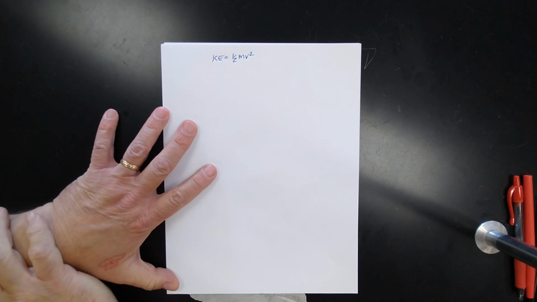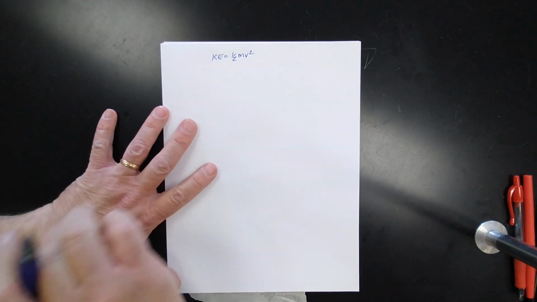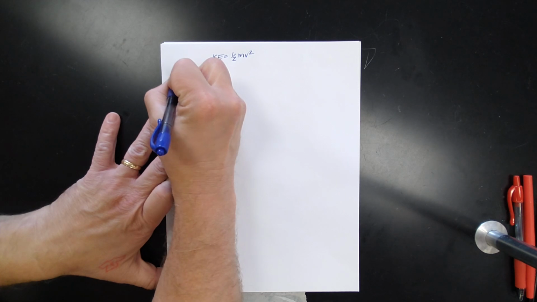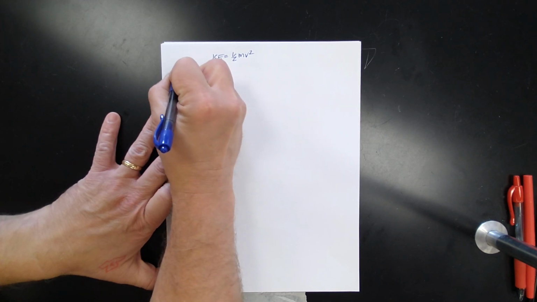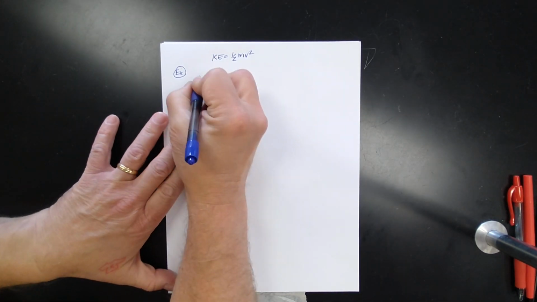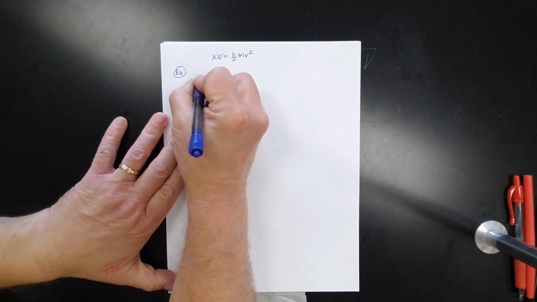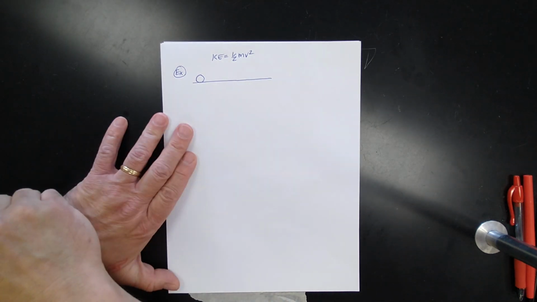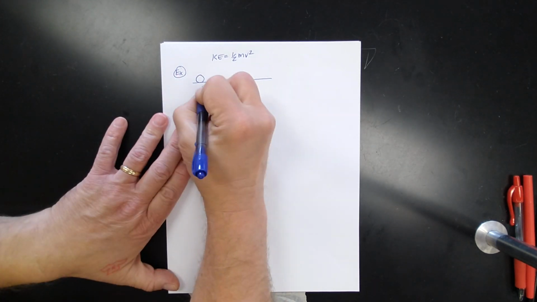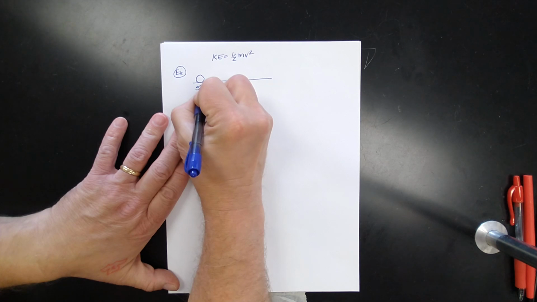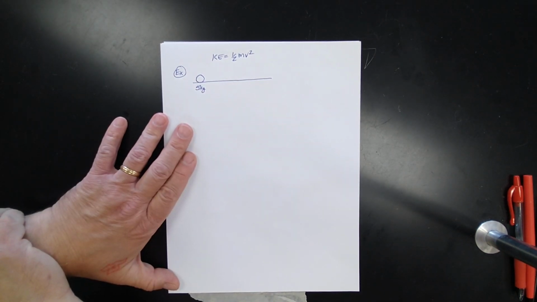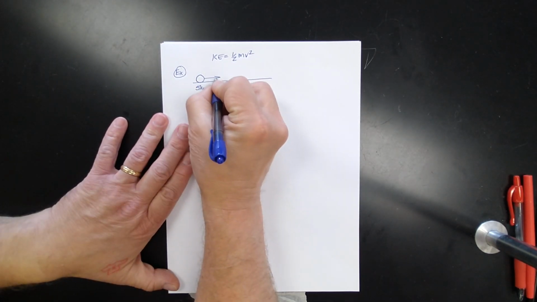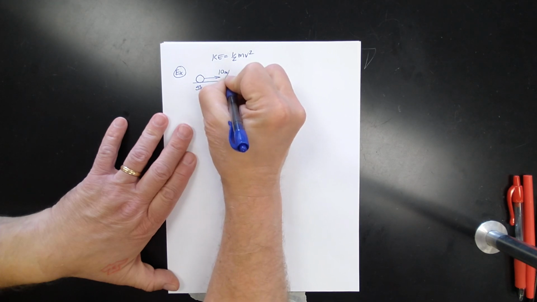If somebody asks you, what's the kinetic energy of this object moving, we should be able to do that real simple. So our example here, let's say we just take a bowling ball, just a simple little bowling ball. We're going to roll it on a nice flat level floor, no friction. It's just going to move right along. Let's say it's 5 kilograms, that's like between a 10 and 12 pounder. And let's say that thing is moving along at 10 meters per second.